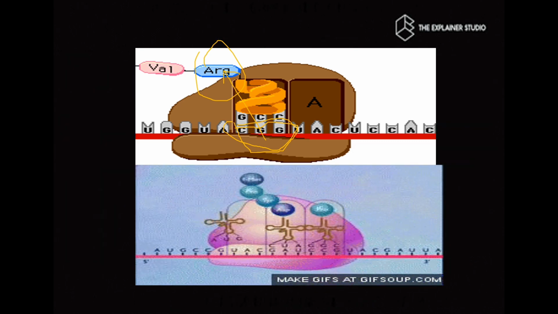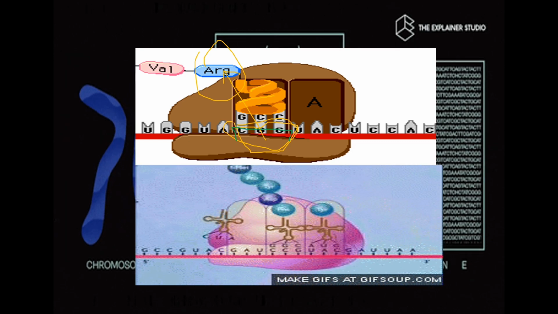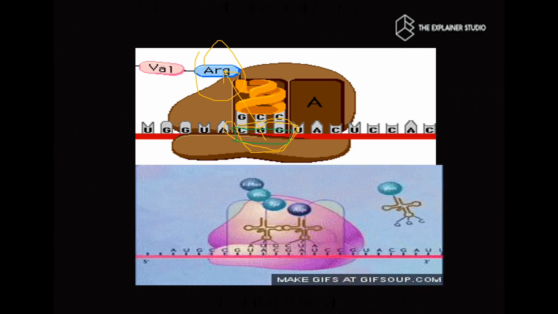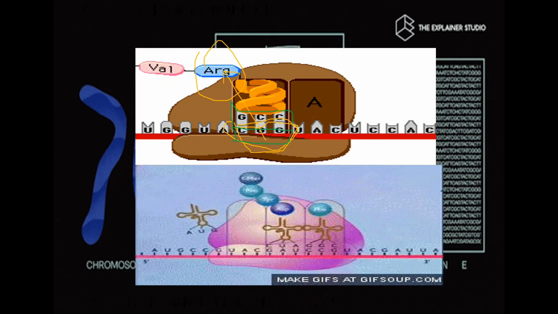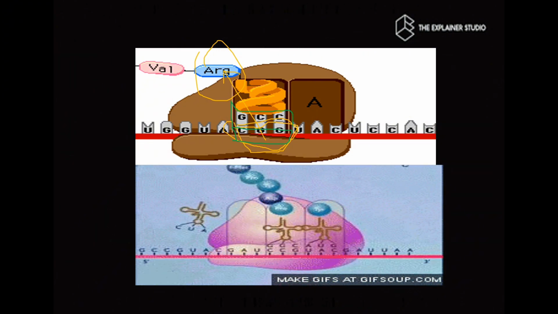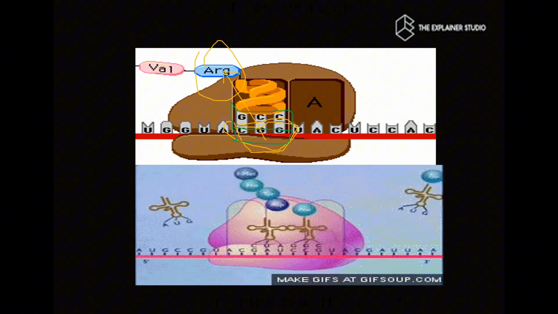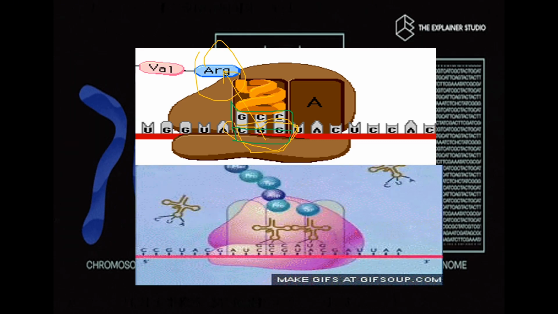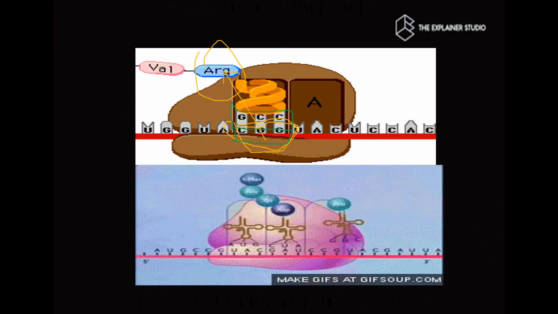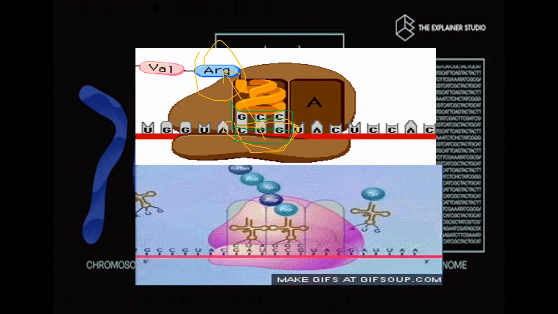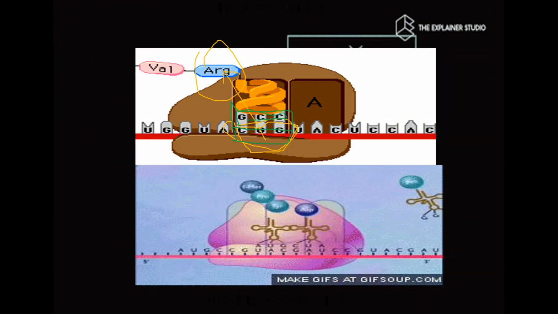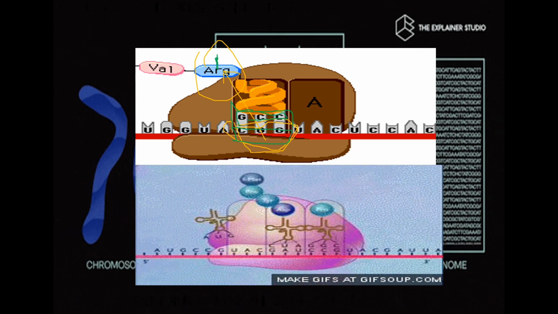So the codons, the three nucleotides in the mRNA, have three complementary nucleotides carried by the tRNA. So the tRNA is so specific. The one that carries this anticodon carries this particular amino acid.